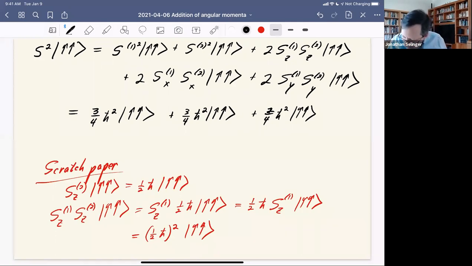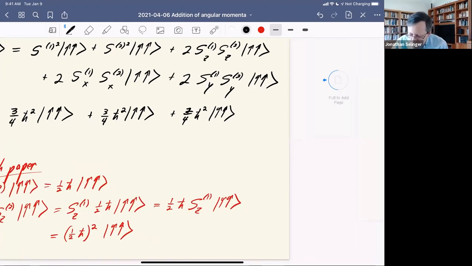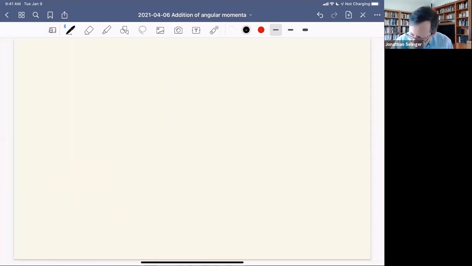Now, what about SX? What do we do with SX? Well, let's remember back to when we just have one particle. I need more scratch paper.